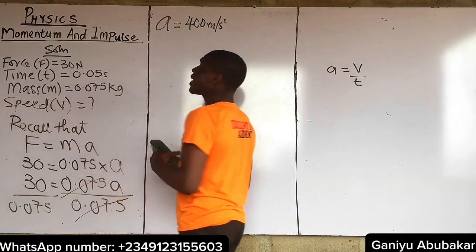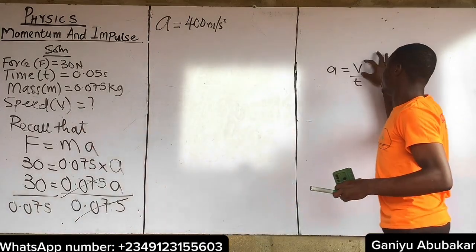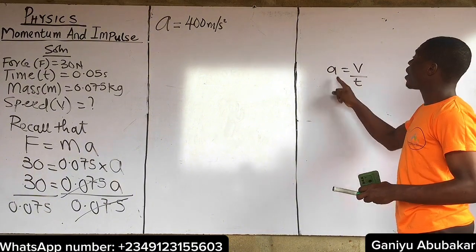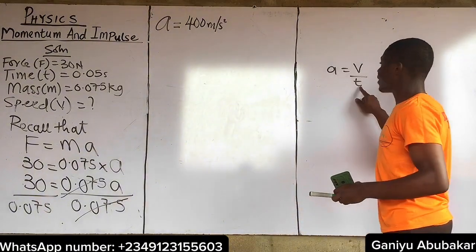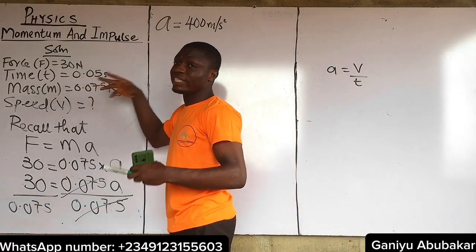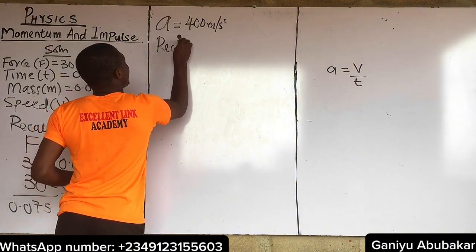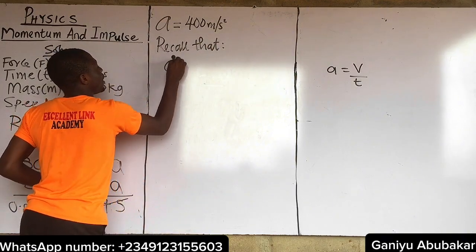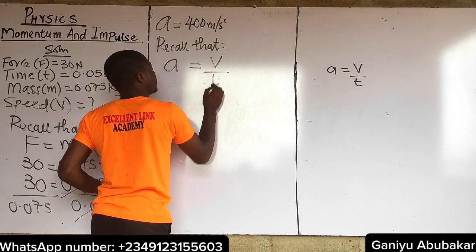So now because the task is nice and simple, I'm looking for velocity v, which is this here. I need to know two things: acceleration and time. I know acceleration is 400. What's my time? Time is 0.05. So let's get velocity. Recall that acceleration A is equal to what? Velocity over time.